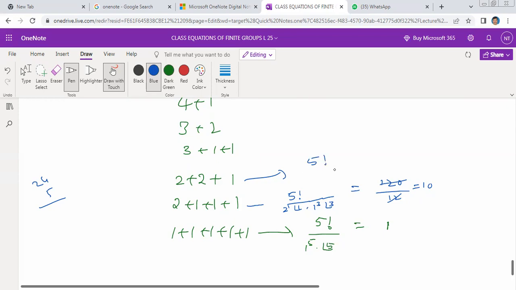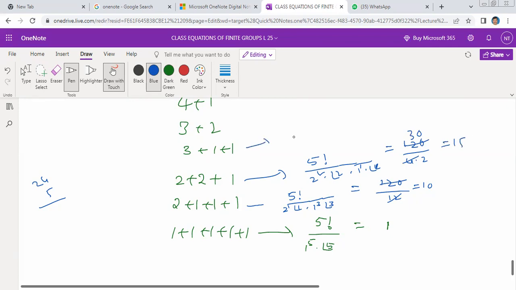5 factorial by 2 square into 2 factorial, into 1 is repeated 1 time, 1 power 1 into 1 factorial. This is equal to 120 by 4 into 2, which is 15.